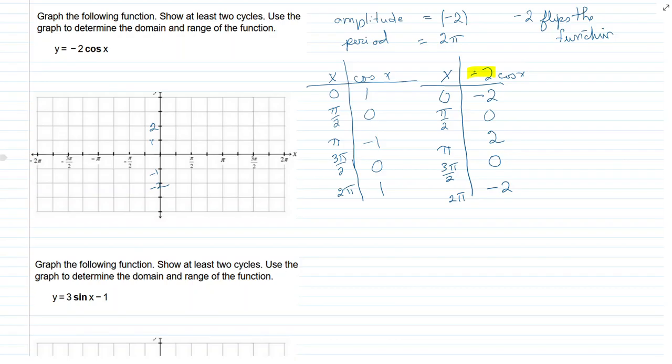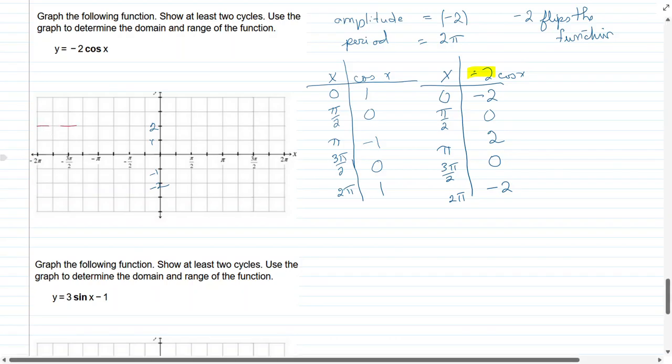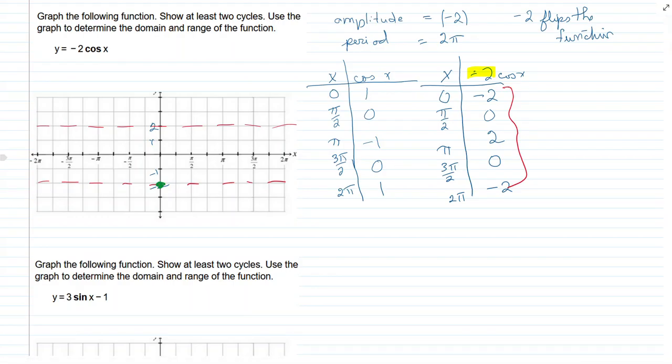I'm going to get my red and dash my period because the axis did not change. That gives me a guideline. So I am plotting this. Here we go. At 0, it is negative 2. At pi halves, it is 0. At pi, it is positive 2.